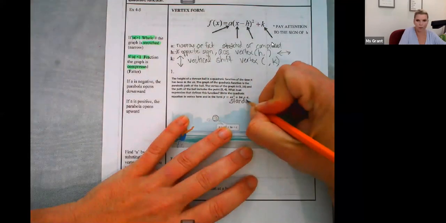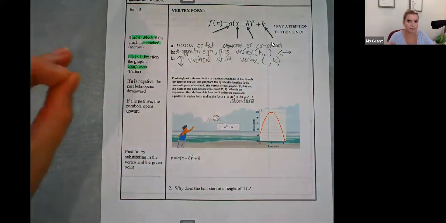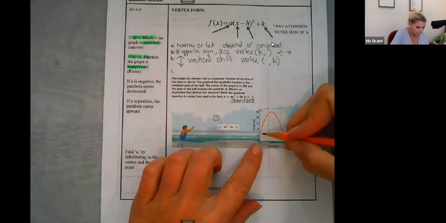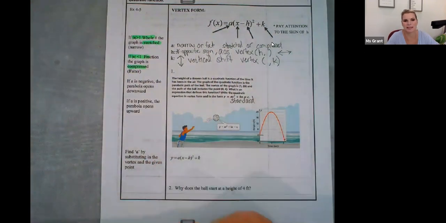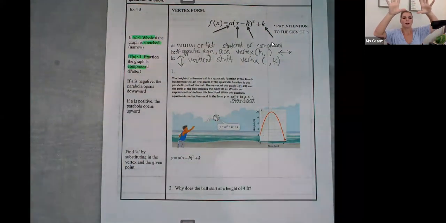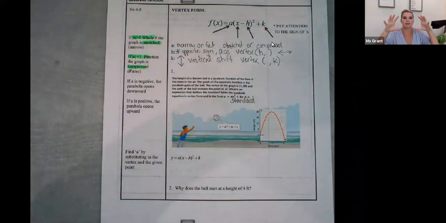That's called standard form. And by the way, there's a couple things I want to point out. This 4 right here is how high the person is that's throwing it. Because if I'm standing there about to throw a volleyball, the beginning point of the volleyball is how high my arms and hands are.